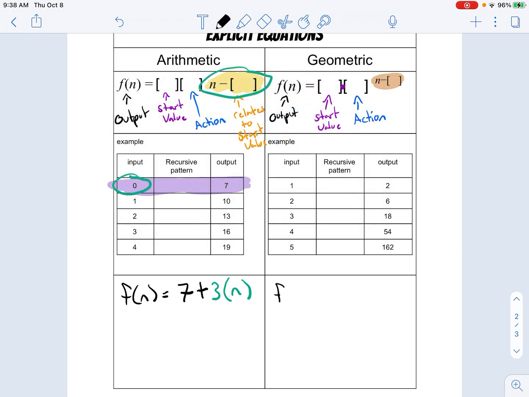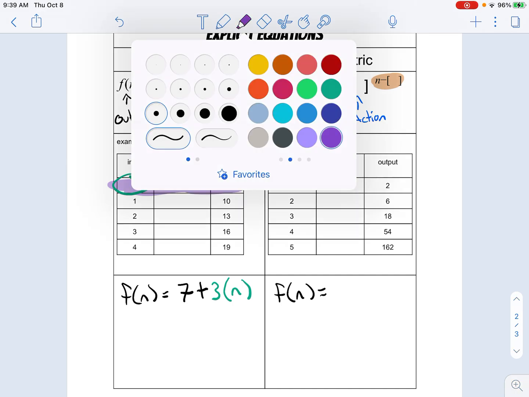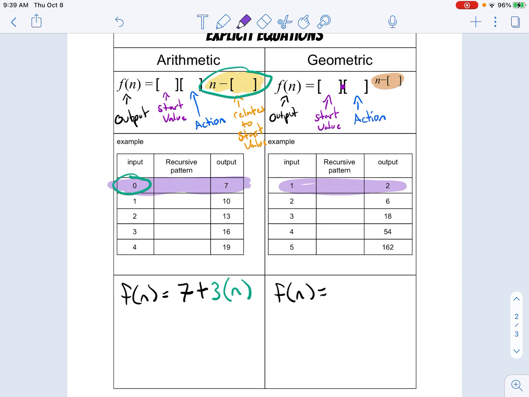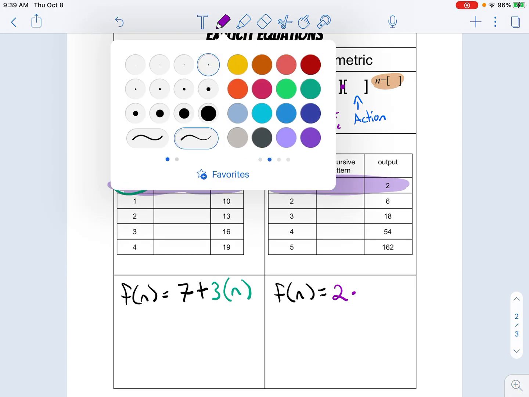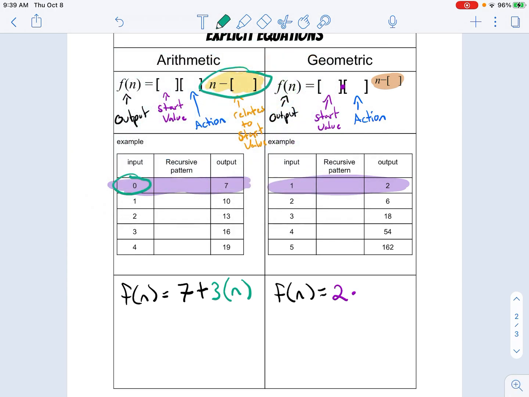Okay, so f of n equals my start value, which was 1, 2. So my start value was 2. And this is geometric, so I'm multiplying that by the action. In this case, our action was multiplying by 3.